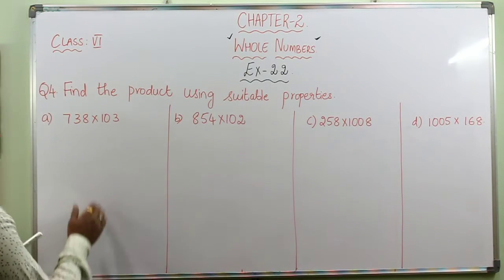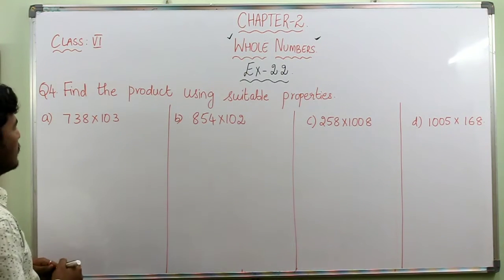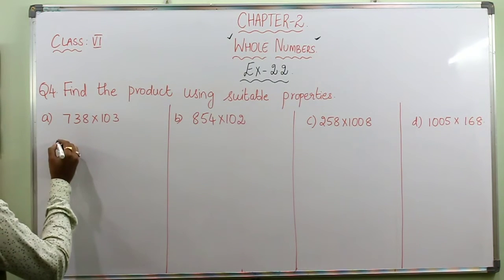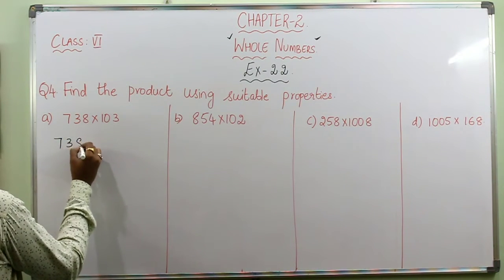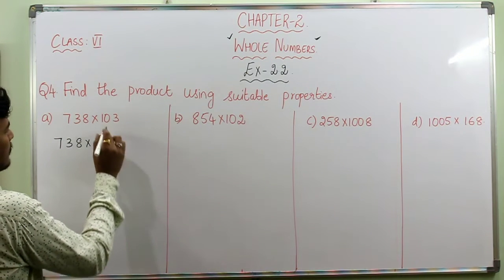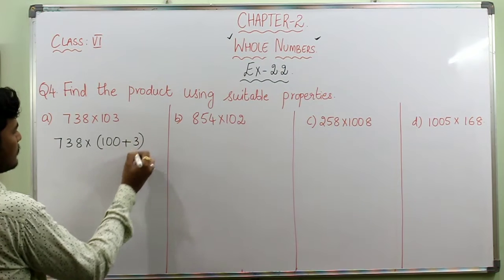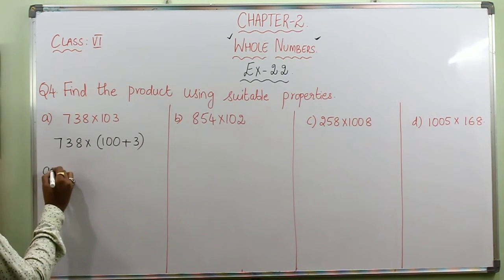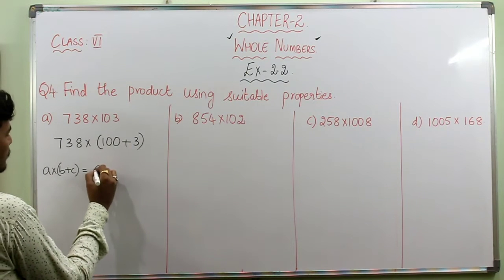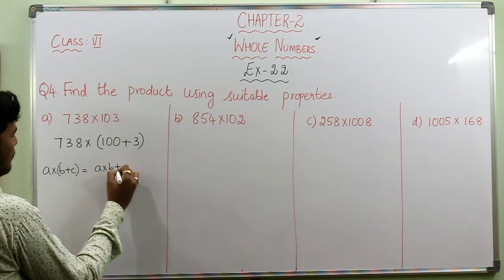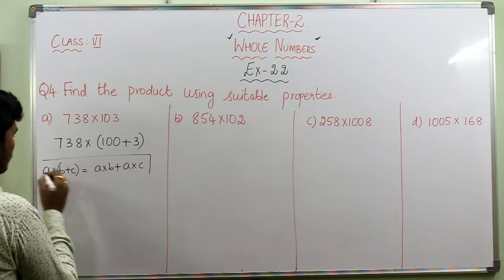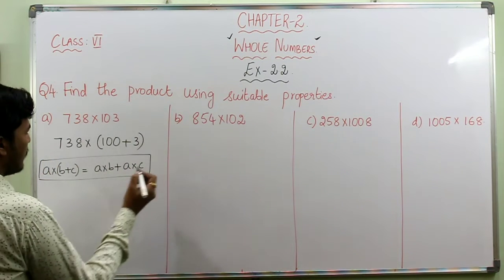The next problem 4, that is find the product using suitable properties. So here we have to use the properties and solve the problem. First one is 738 into 103. 103 can be split as 100 plus 3. So what I can write here, A into B plus C is equal to A into B plus A into C. What is this property called?